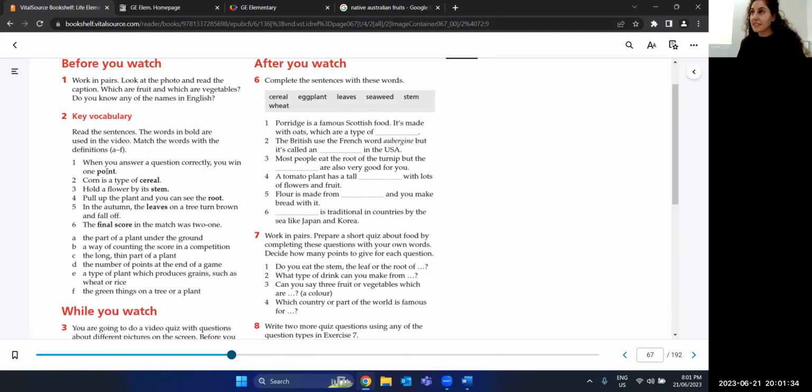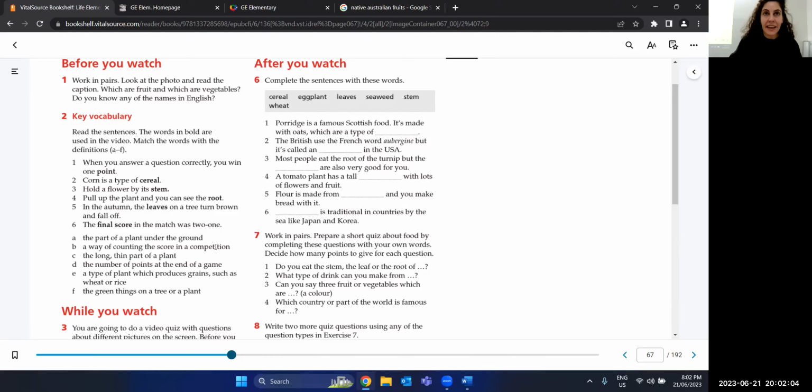A point is a full stop, but not in this sentence. It's number B. It's a way of counting the score in a competition. So remember, every time we have a student, if it's Colombian or Brazilian, we have 1 point. So a point is a way of counting the score in a competition.